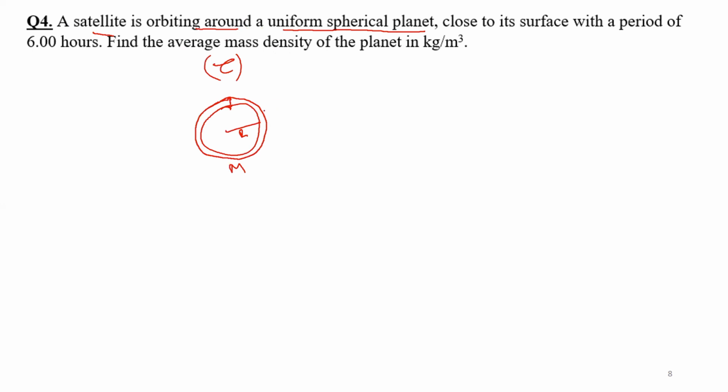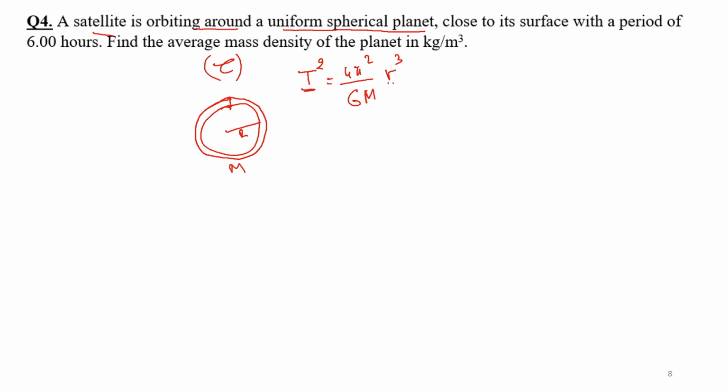So you know that this is the third law of Kepler. T squared is just 4 pi squared divided by G M times r cubed. Now I have the third law of Kepler. Now I gave you T.